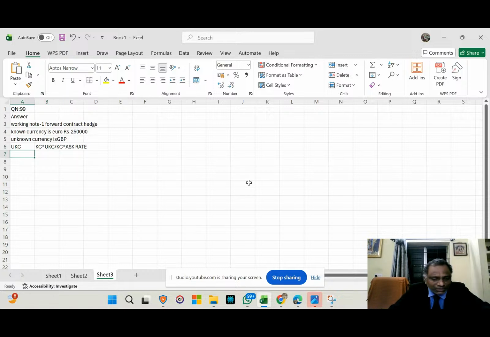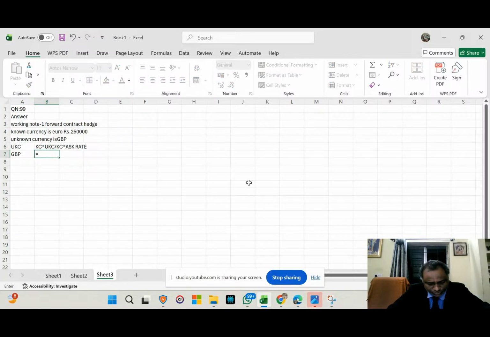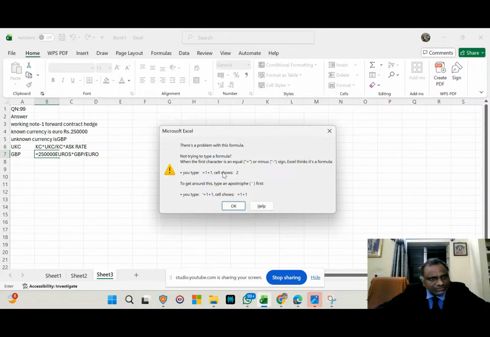So here unknown currency is GBP, and known currency is 2,50,000 euros into GBP divided by euro.